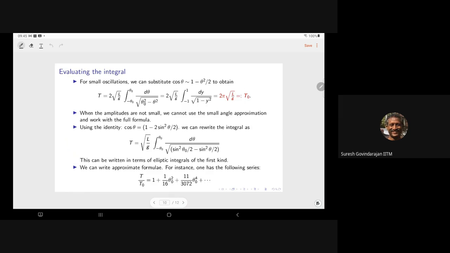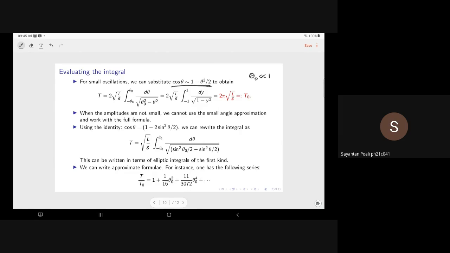For small oscillations, we can just go ahead and substitute cosine theta equal to 1 minus theta squared by 2, and then you just do some change of variables. So small oscillations means theta naught is small. By the way, for me to use this formula, what should theta be in?